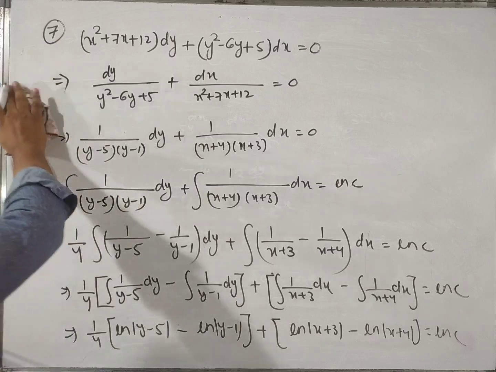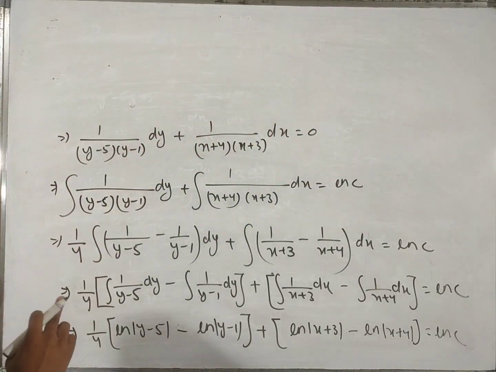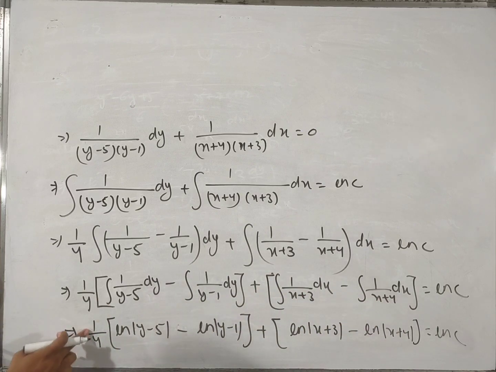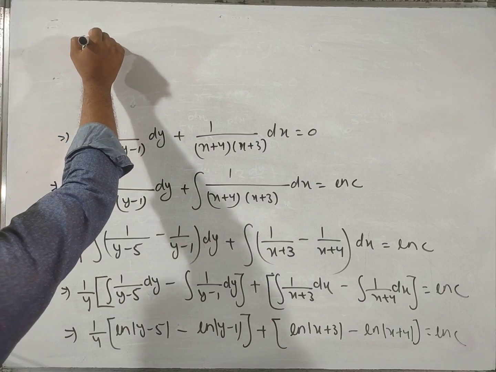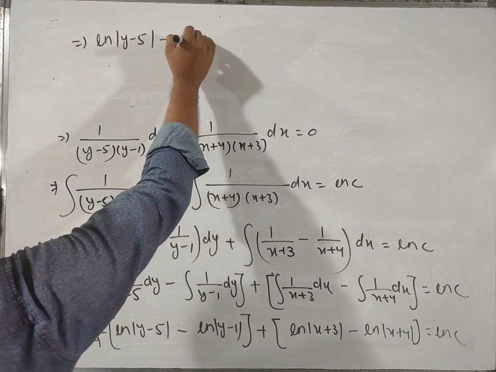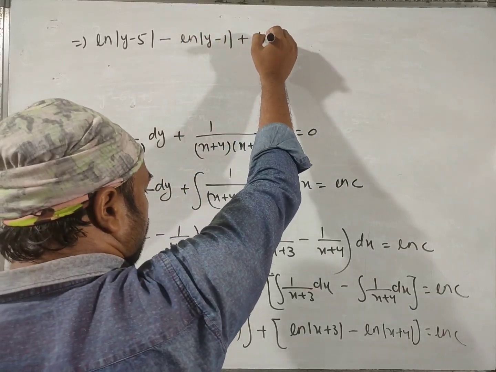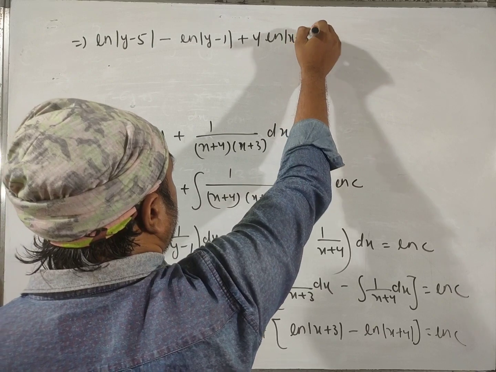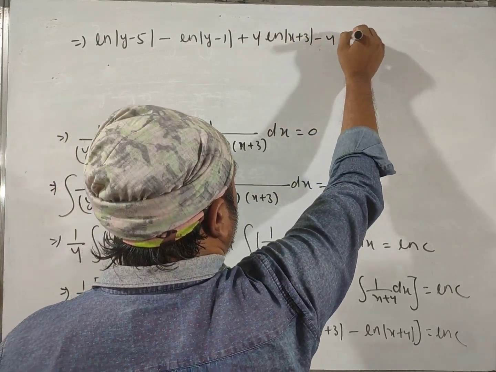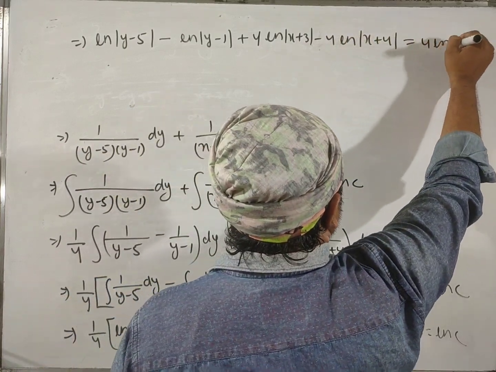Then multiplying a 4 to left hand side and right hand side, here the 4 will be cancelled. So it will be ln modulus of y minus 5 minus ln modulus of y minus 1. Then it will be 4 ln modulus of x plus 3 minus 4 ln modulus of x plus 4. Then it will be 4 ln c.